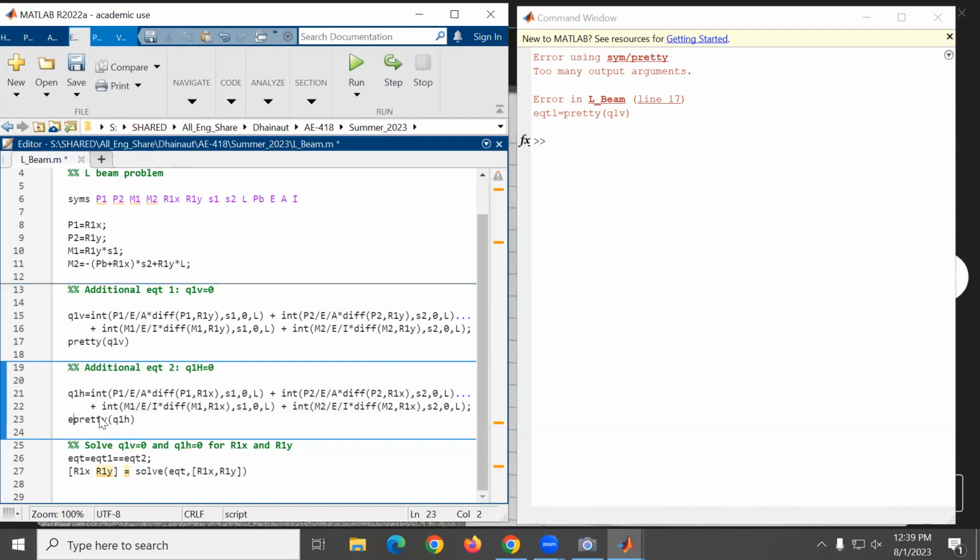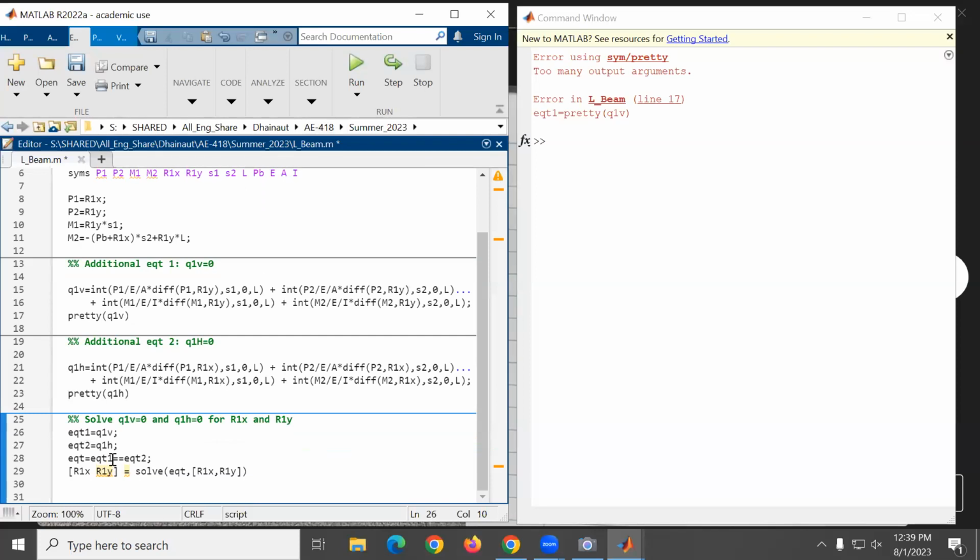So let's say EQT1 is Q1V, and equation 2 is Q1H, and that should work. But it's still showing some error there.